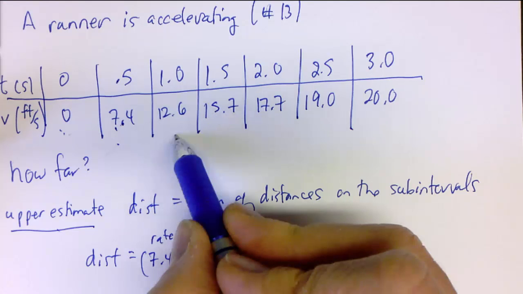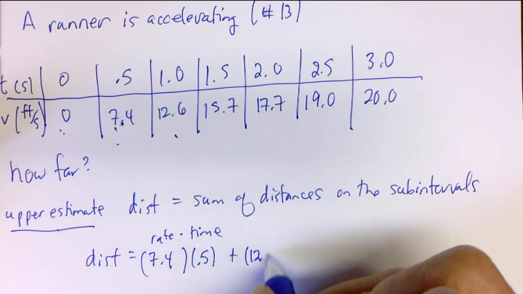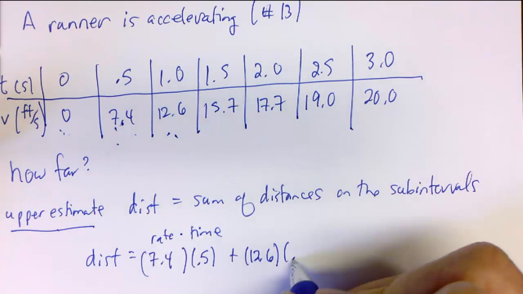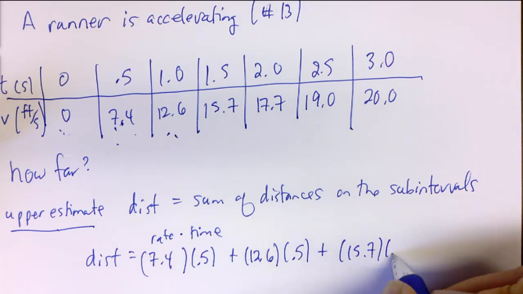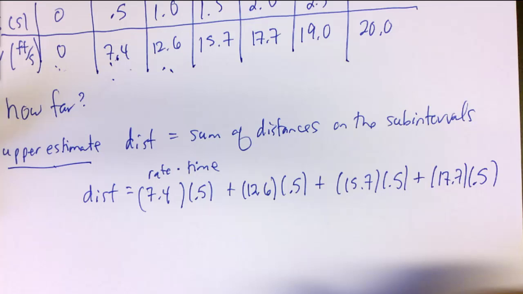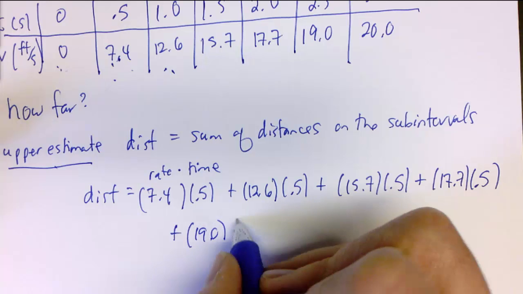For the second subinterval, her max velocity was 12.6, and she had that velocity over a period of 1/2 a second. Then 15.7 for 1/2 a second, and so on. 17.7 for 1/2 a second. On the fifth subinterval, her max velocity was 19.